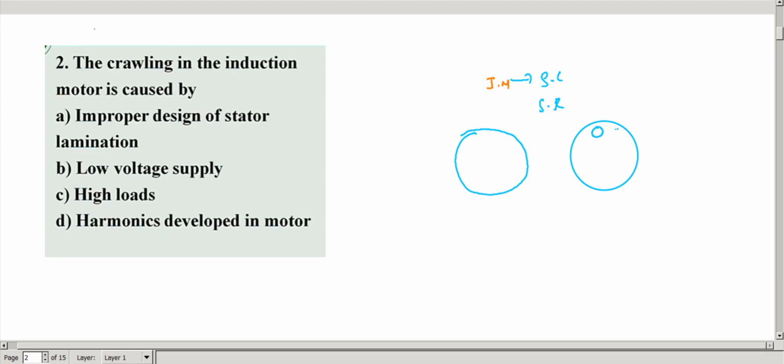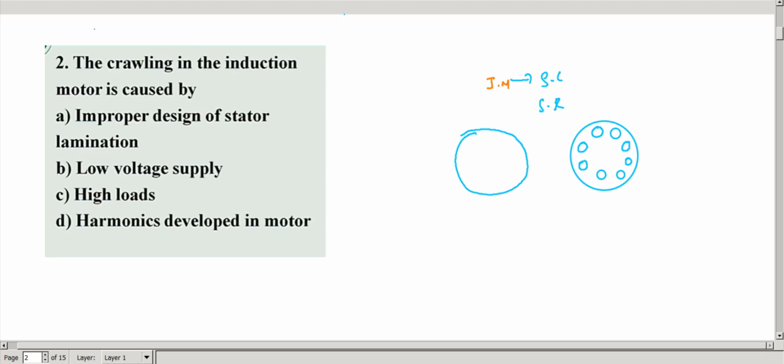You have slots here, semi-closed slots. Why semi-closed slot? It takes the advantage of open slot and closed slot. Note that the induction motor only uses semi-closed slot, whereas DC machines and synchronous machines use open slots.